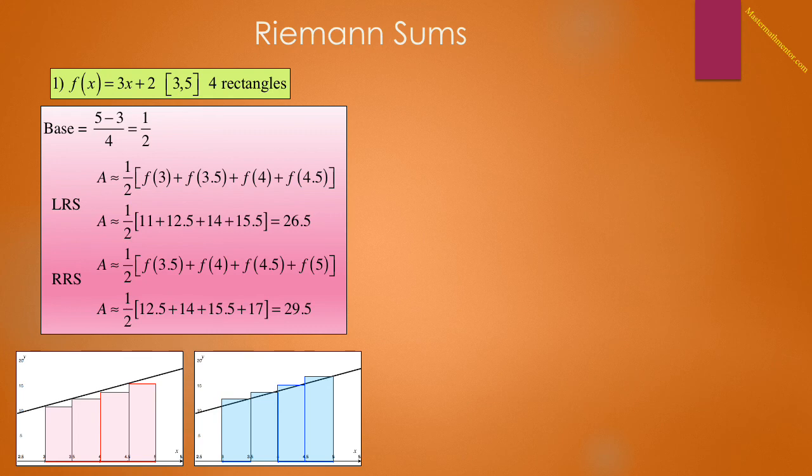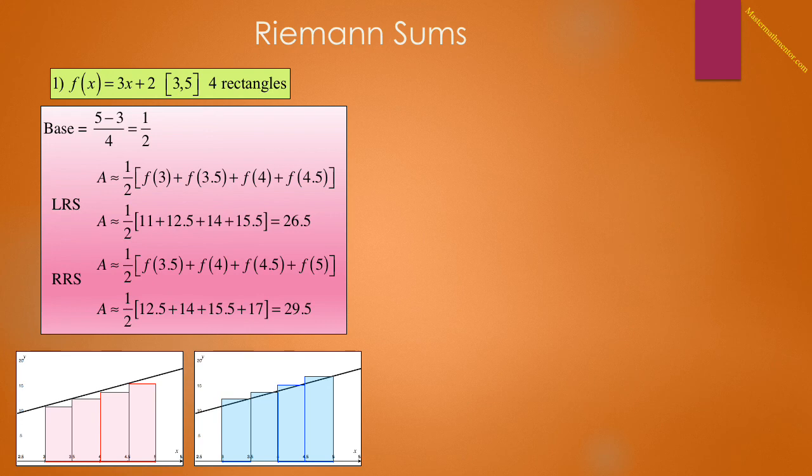Although not necessary, we showed the graph of the left Riemann sum in red and the right Riemann sum in blue. The amount that the left Riemann sum under-approximates the true area is the same as the amount that the right Riemann sum over-approximates the area, and therefore the true area will be halfway between the left Riemann sum and the right Riemann sum, which is 28.